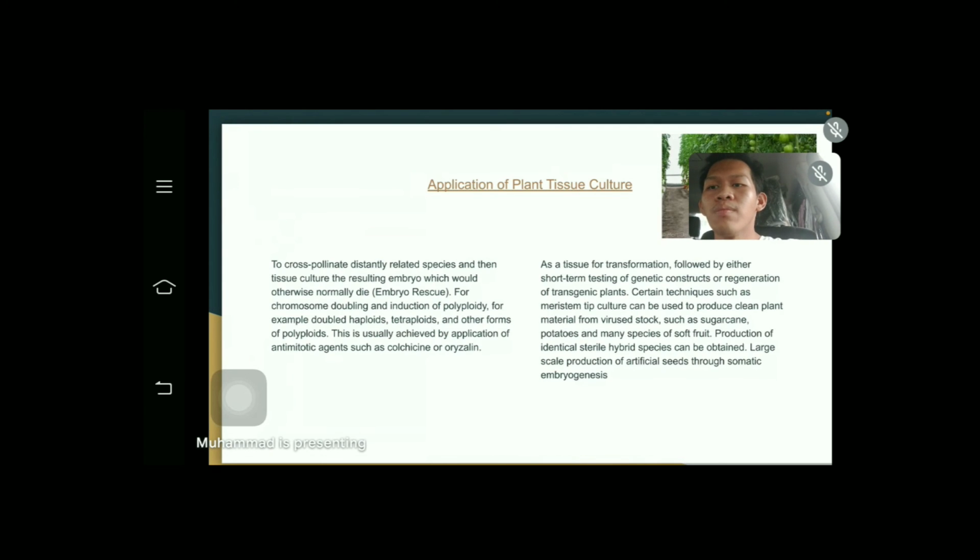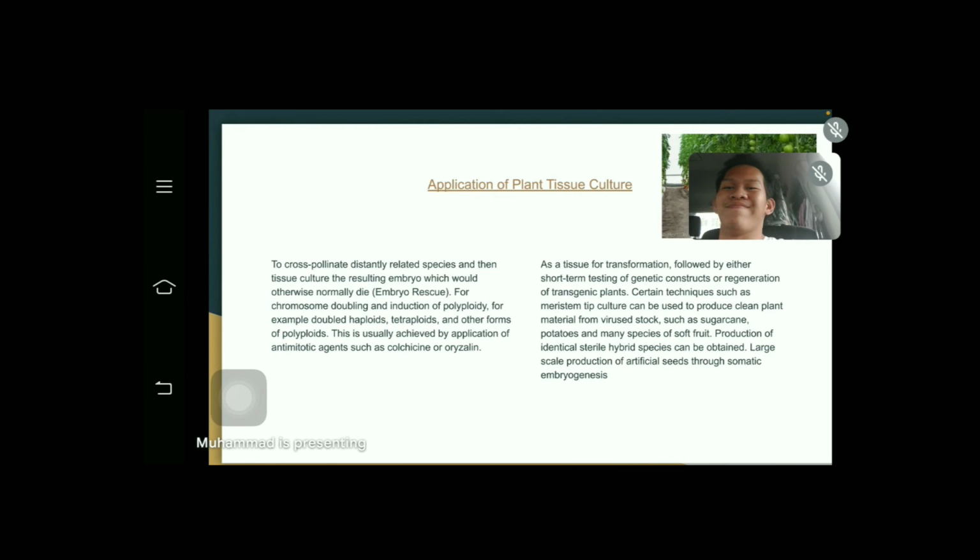For chromosome doubling and introduction of a polyploid, for example, double haploid and more. This is usually achieved by application of an antimitotic agent such as colchicine.